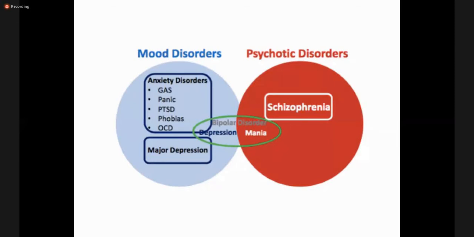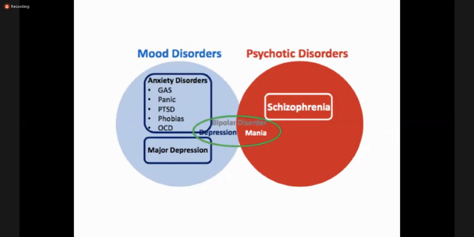Here is a slide. If you look at this slide, there are two circles. The blue part is mood disorders and the red part is psychotic disorders. And if you look in between the green oval, it includes bipolar disorder, depression, and mania. Bipolar disorder basically is a mood disorder, which includes episodes of mania and depression.